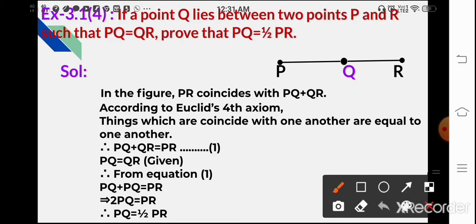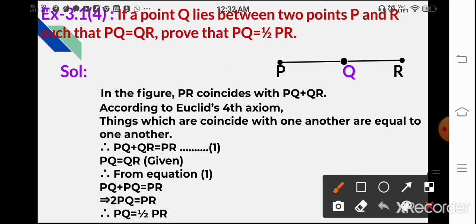Let us see the solution. In the figure, PR coincides with PQ plus QR. According to Euclid's fourth axiom, things which coincide with one another are equal to one another. Therefore, PQ plus QR can be written as PR. That is equation 1.